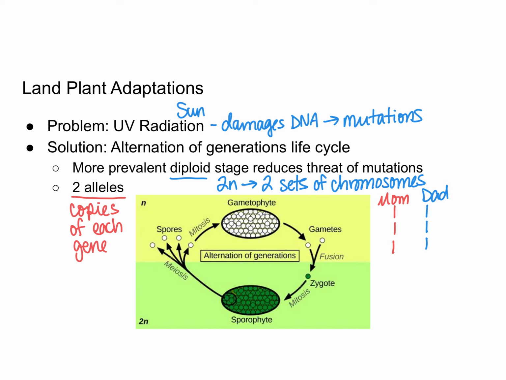And essentially, by having this diploid lifestyle, having these paired chromosomes, it helped to decrease the likelihood that damage was going to cause a major problem. Because if UV radiation mutated one allele, the other allele might still be okay and able to produce the protein that it is coding for. So you can think of having two alleles as having almost like a spare allele.